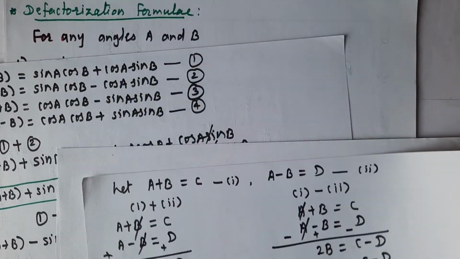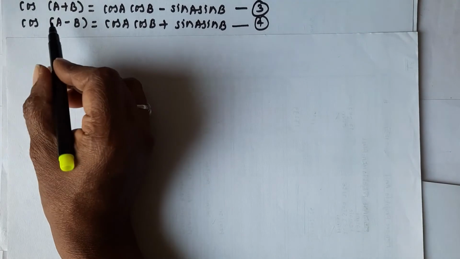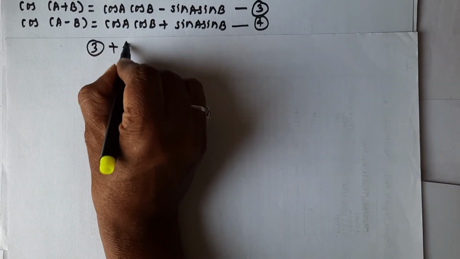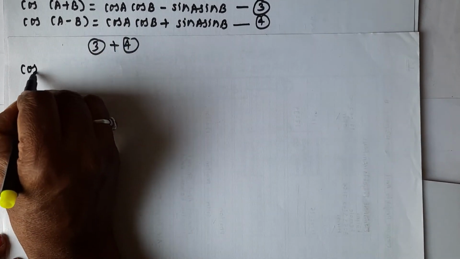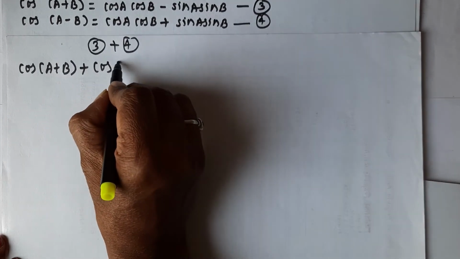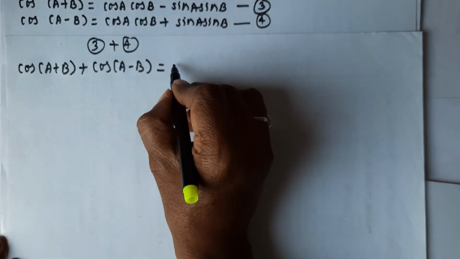First you take the addition of these two formulae. Here we have written, you take the addition of the third and fourth. What happens here? On the left hand side, that will be cos(A+B) plus cos(A-B). And on the right hand side, take the addition of these.